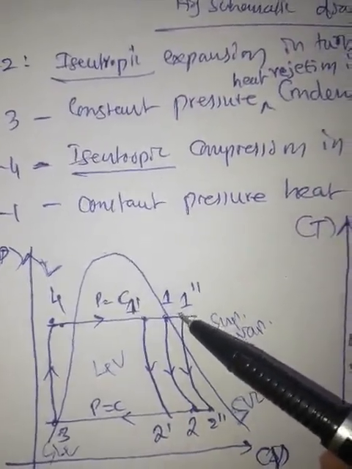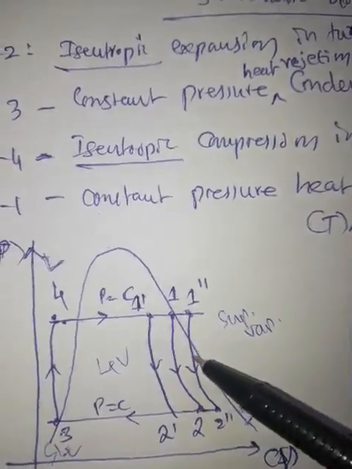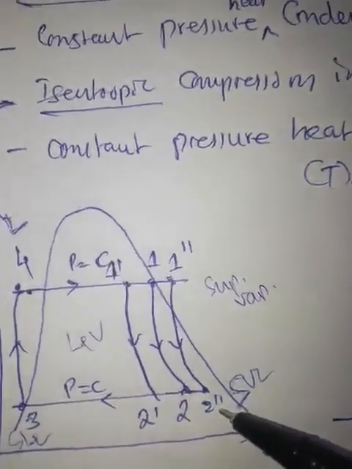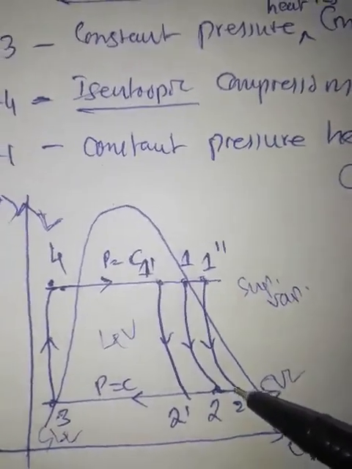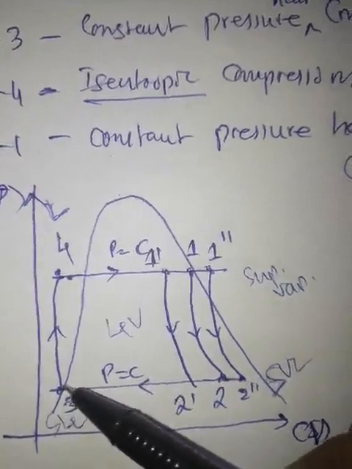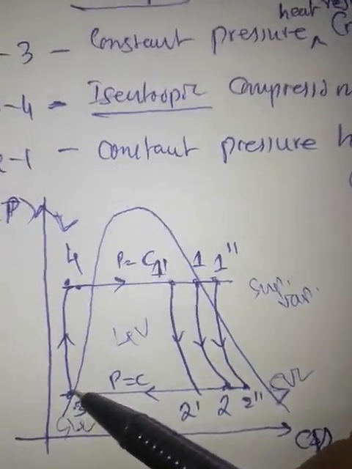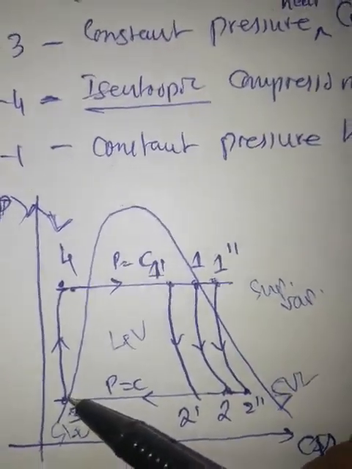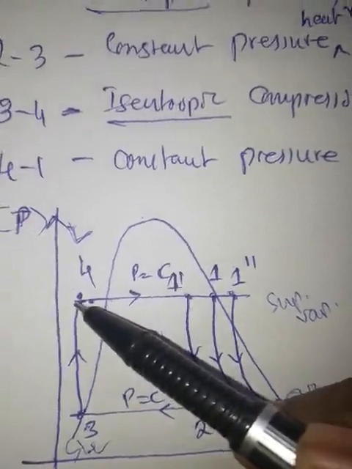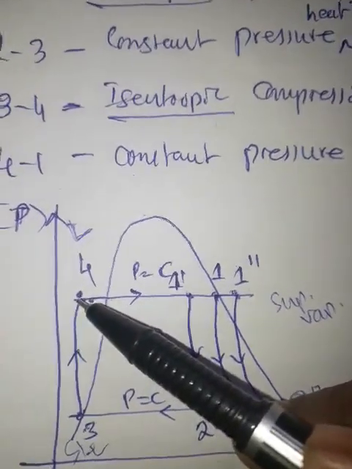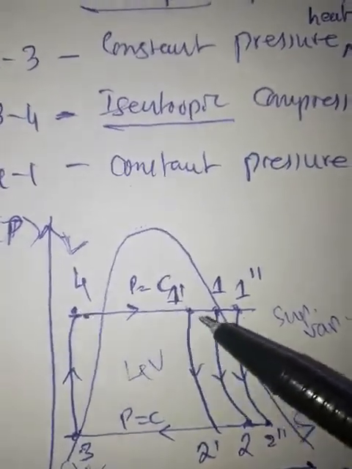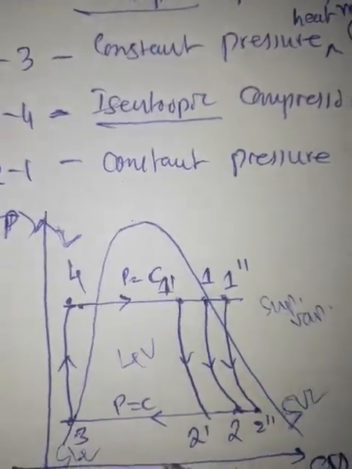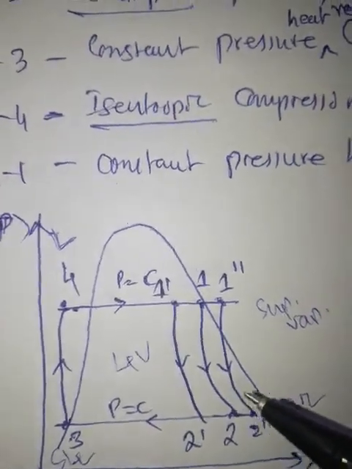It enters the steam turbine, undergoes expansion, becomes wet and comes out at state 2 double dash. Then 2 to 3 it undergoes constant pressure heat rejection, that is the condensation process. Then 3 to 4 is the compression process, that is the pumping process. Then 4 to 1 double dash is again the boiler process. So this is the cycle for superheated steam at the boiler outlet.